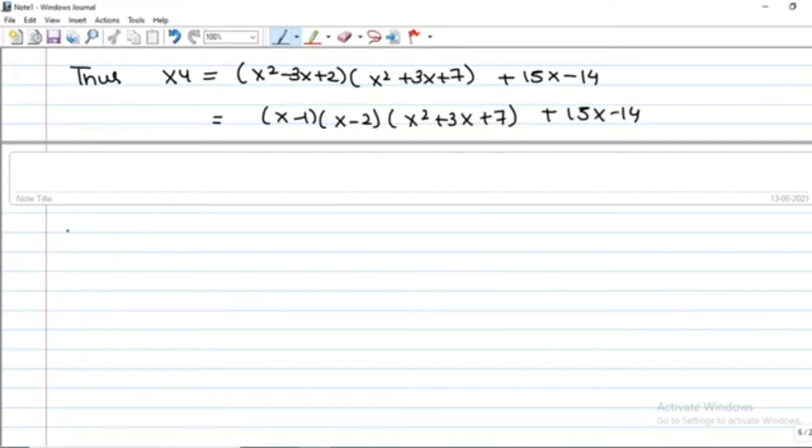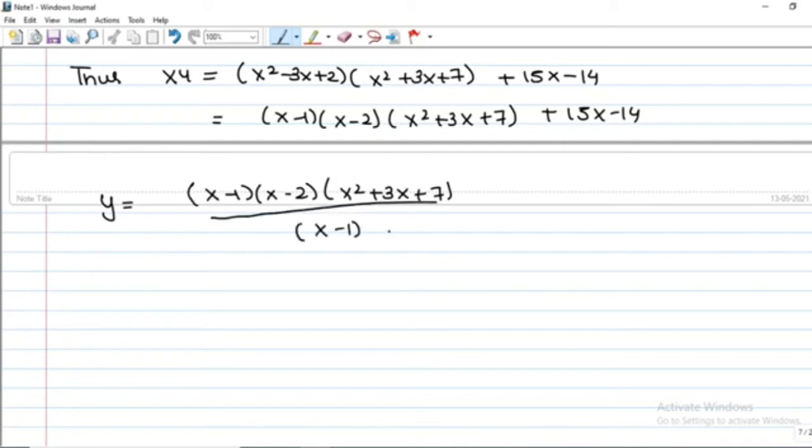Now let's substitute this value in place of x in the y equation. So in x raised to 4 upon x minus 1 into x minus 2, if I substitute x raised to 4, which I got after division, which is x minus 1 into x minus 2 into x square plus 3x plus 7, in the denominator we have x minus 1 and x minus 2, plus here is one more thing, 15x minus 14.